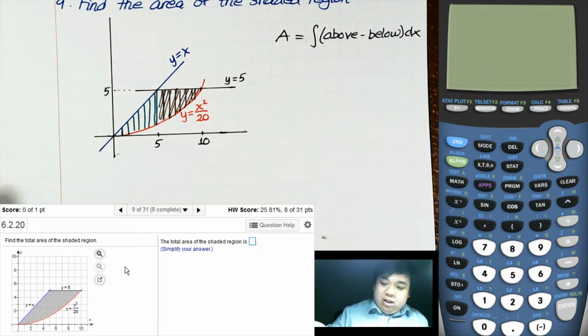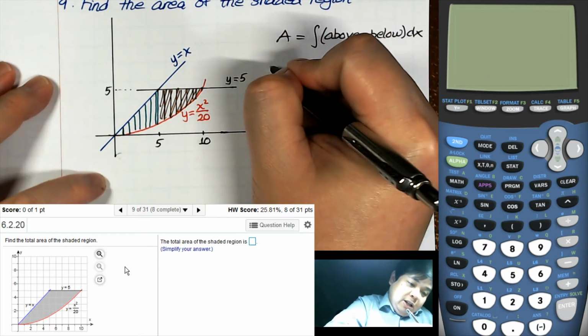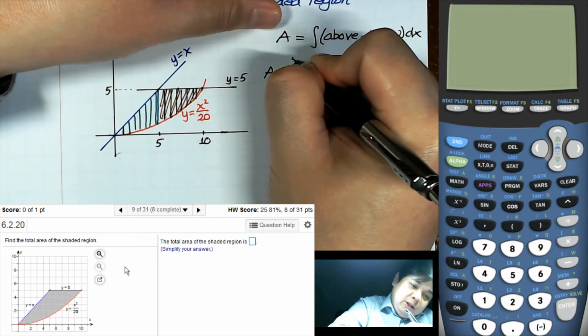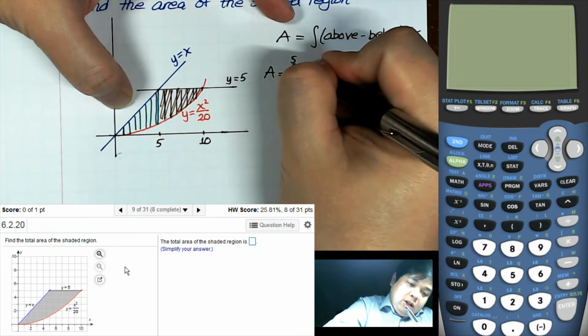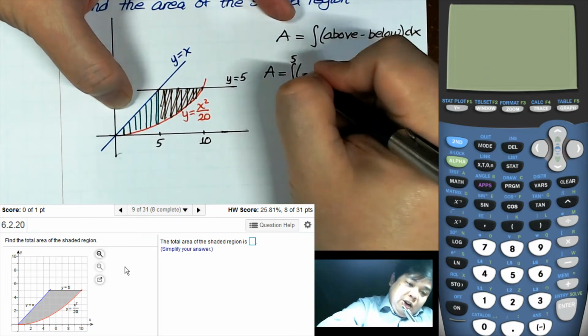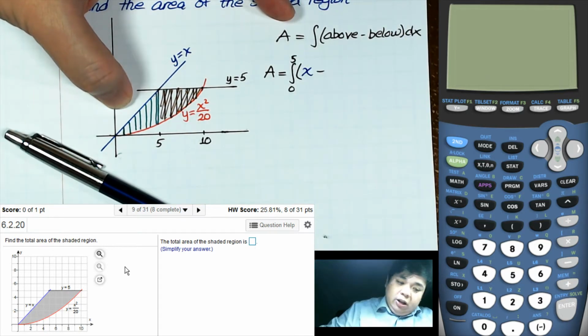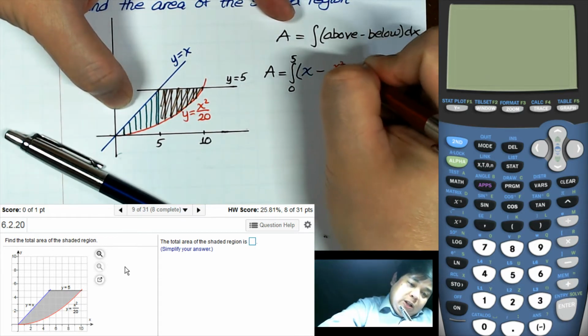So what we have, if we want to set this up, is the integral from 0 to 5. The function above is the diagonal line, y equal to x. The one below is x squared over 20.